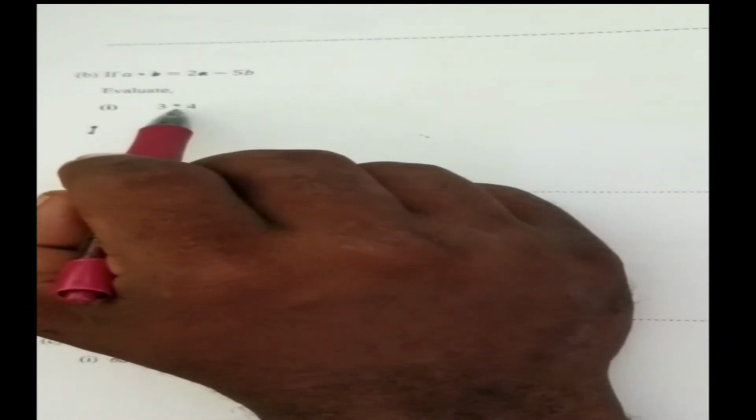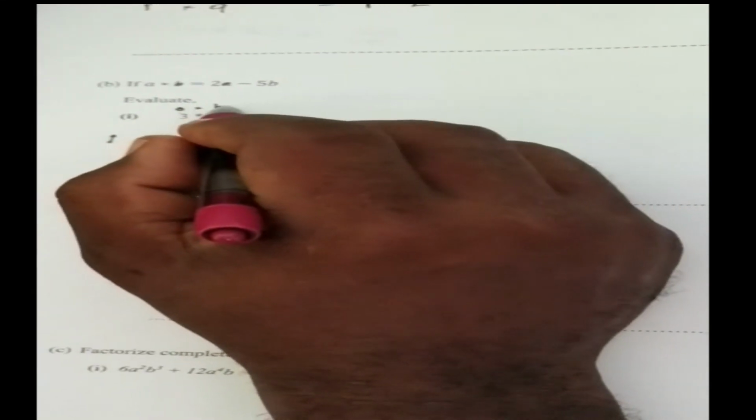That question is finished. Now this question is a binary type question, in which it says if a times b is equal to 2a minus 5b, we're to evaluate 3 times 4. We know 3 would be the a and 4 would be the b.